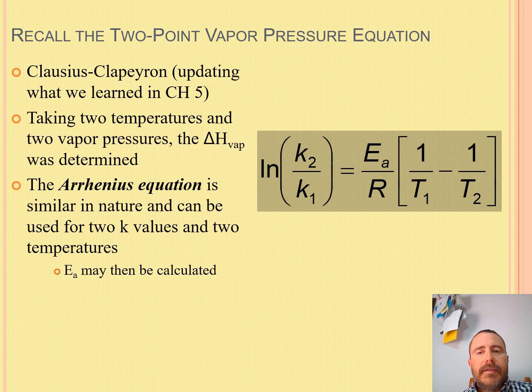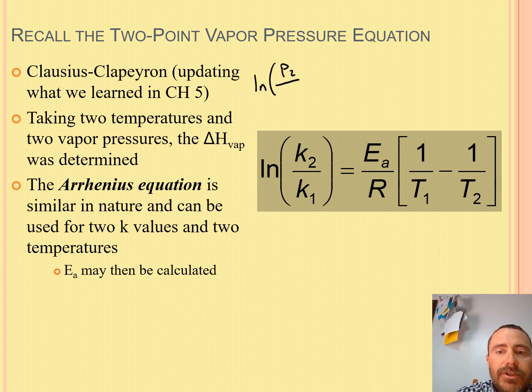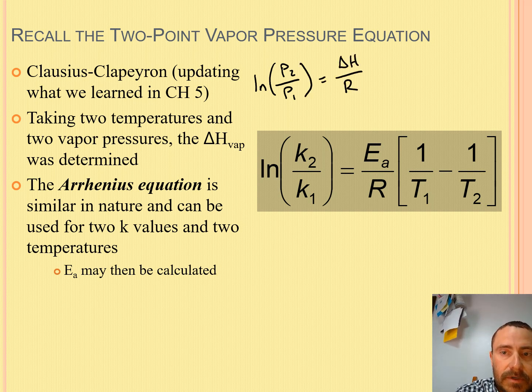When we plot those things as a linear plot, and then we relate the rate constants and their temperatures at 2 different points, what we get is something that's called the Clausius-Clapeyron equation. Right here, we are relating those constants and temperatures. To get the activation energy, we probably saw something similar to this equation where pressures were related to our enthalpy change over R times 1 over T1 minus 1 over T2 in Chem 1.